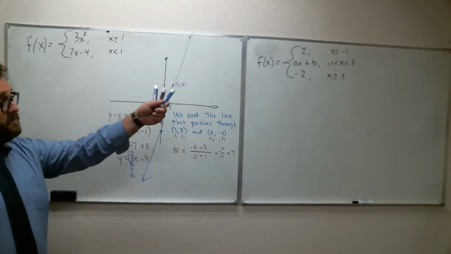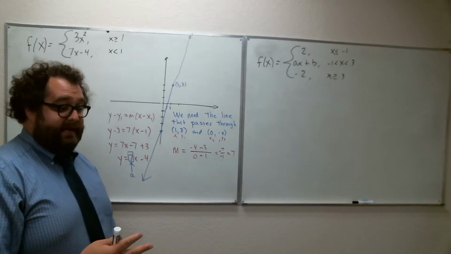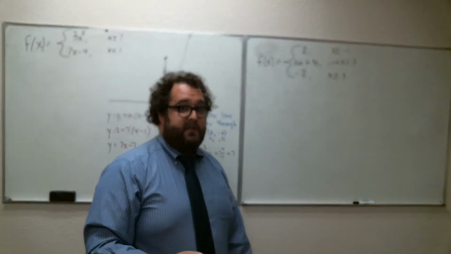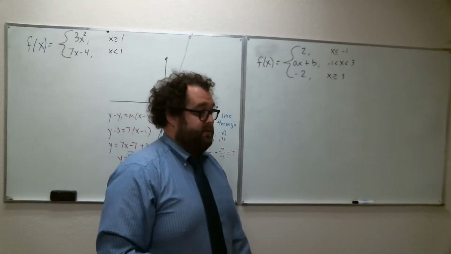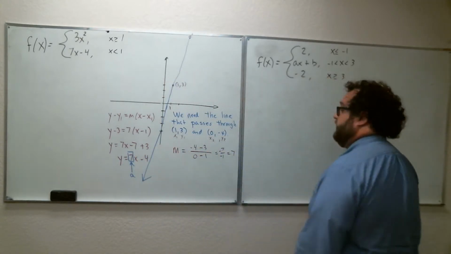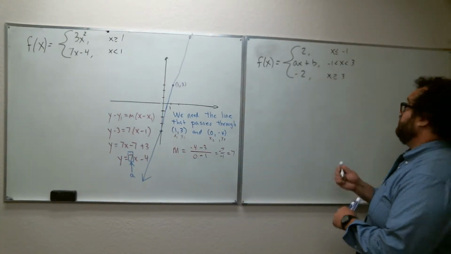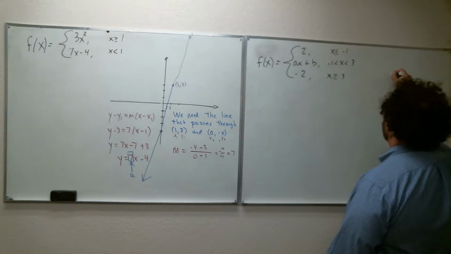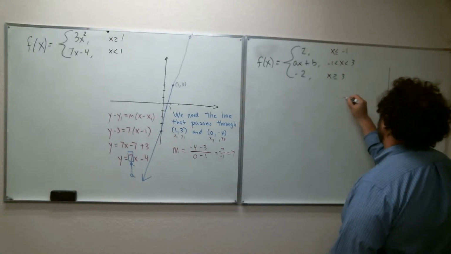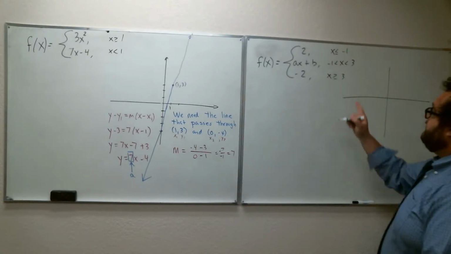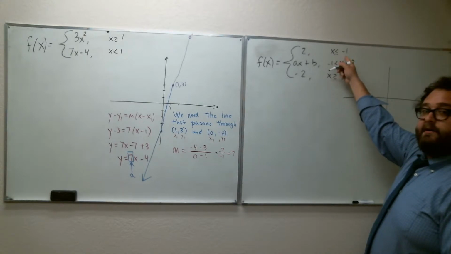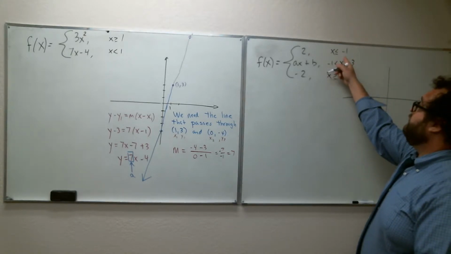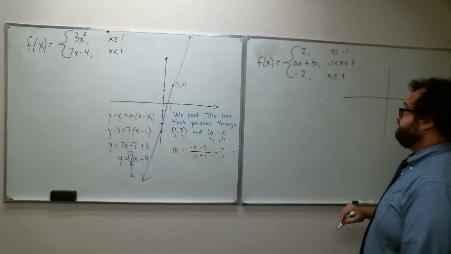Okay? This one takes the exact same idea, except now it's piecewise in 3 parts. So let's take the 2 parts on the end. Let's first draw a graph. Okay, this says for all x values less than or equal to -1, the y values are 2.